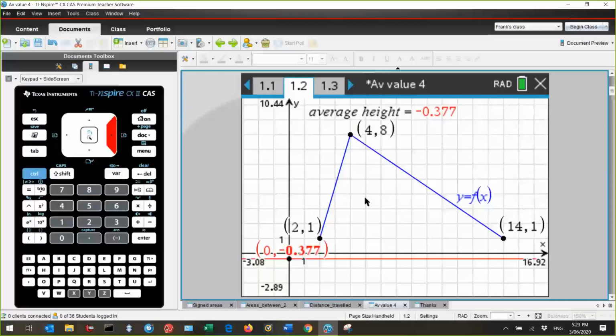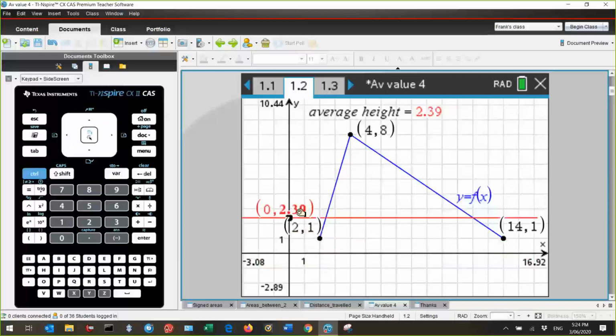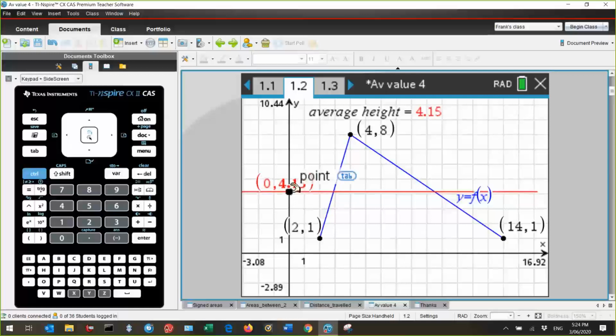So the average, because it's increasing and then decreasing at a constant rate, is going to be halfway between 1 and 8. The difference between 1 and 8 is 7. It's going to be 3.5 either side of 1 and 8. So 1 plus 3.5 is 4.5. So I expect 4.5. Somewhere near there should be the average value.